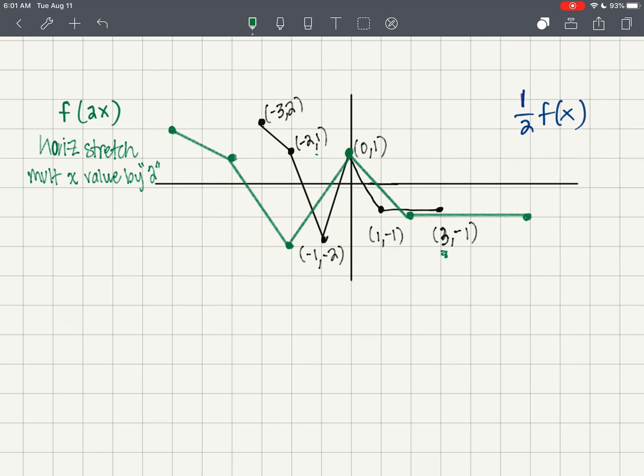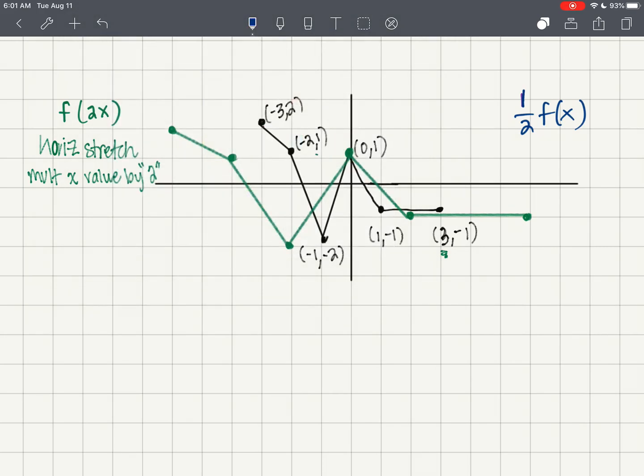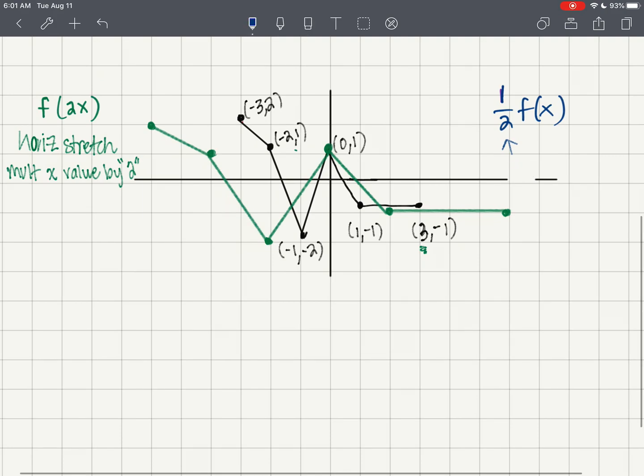Now, what's going to happen with my 1/2 f of x? So this time the 1/2 is on the outside. That means we're going to take the y value and multiply it by 1/2.